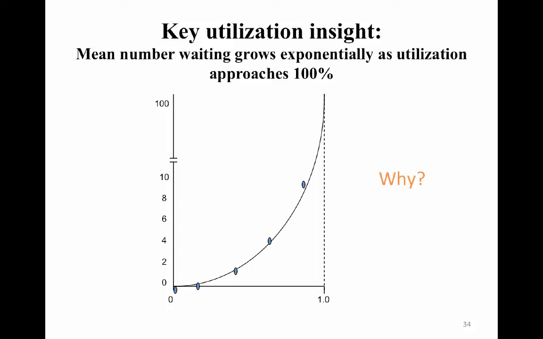Now to get into this figure, what this shows is that the mean number waiting grows exponentially as utilization approaches 100%. Let's go back to that example where you have a medical provider, and instead of taking, let's say, 20 minutes on a patient, they took 45. Well, now the next person coming in is going to have to wait.